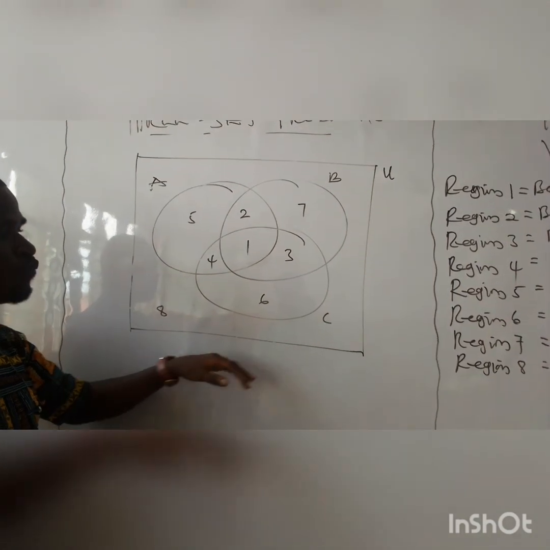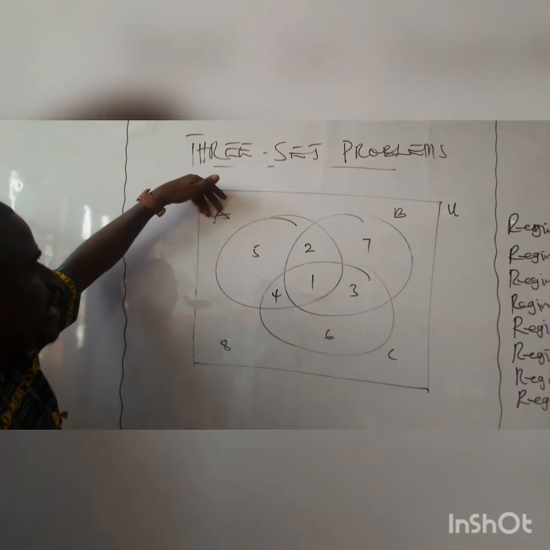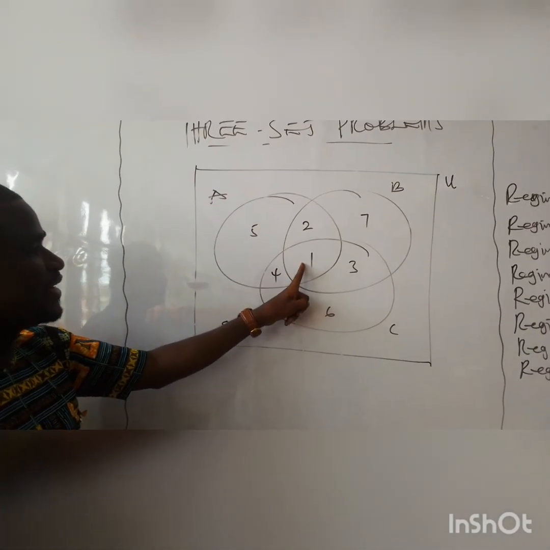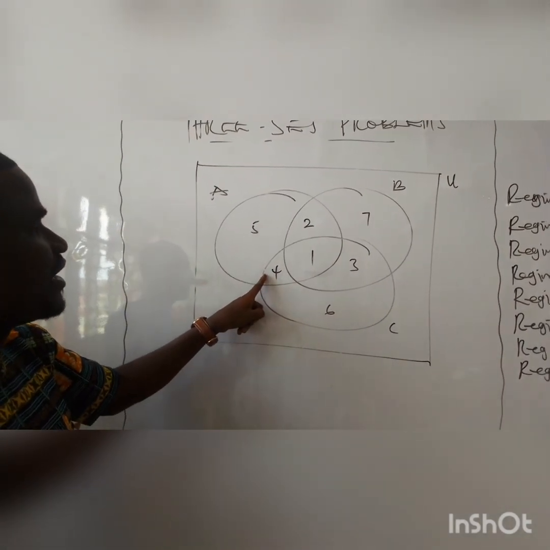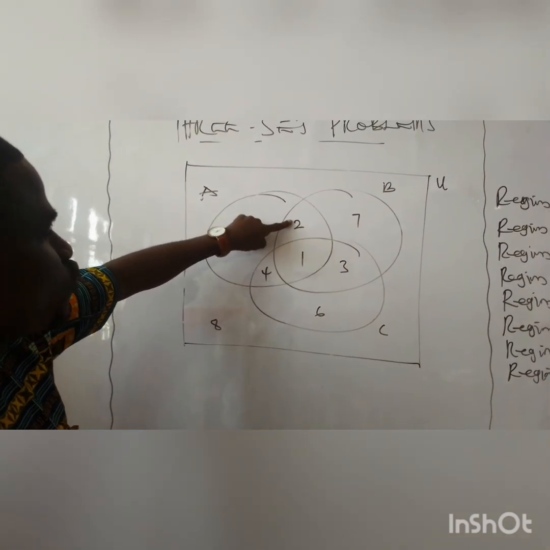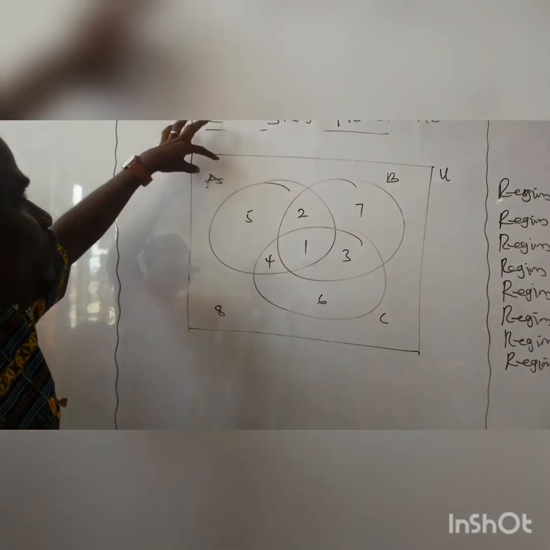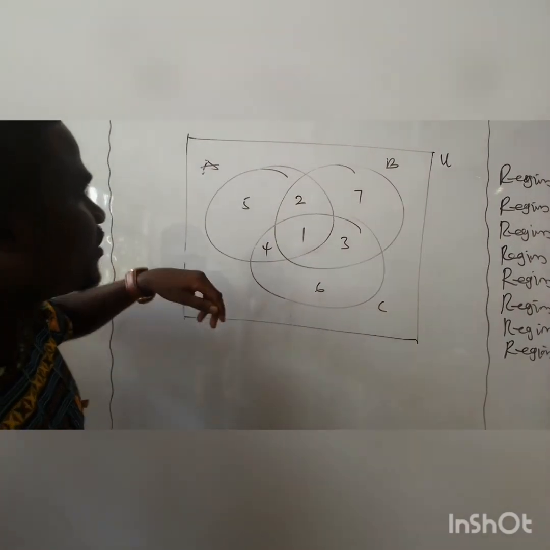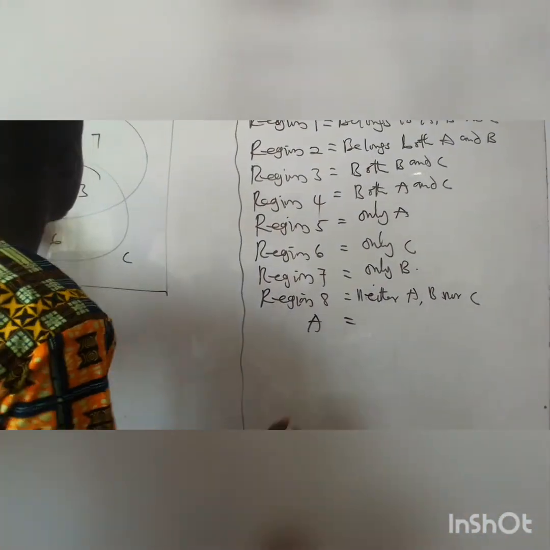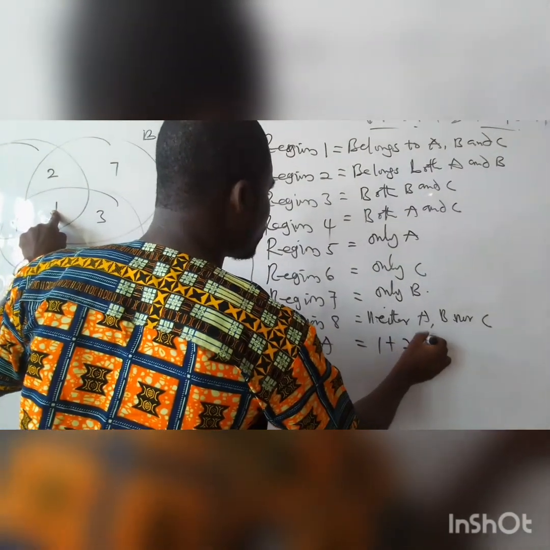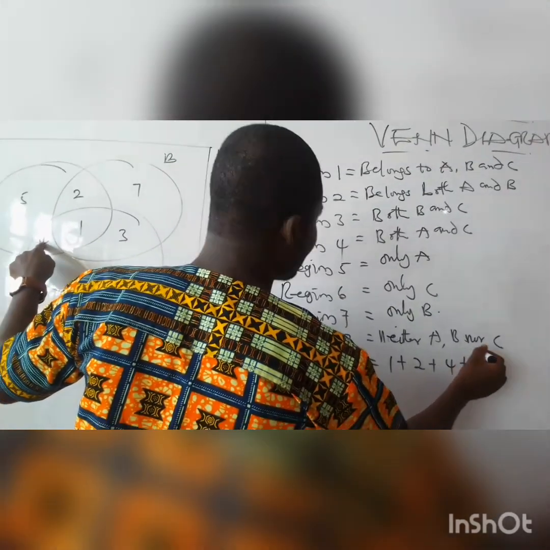Now, take note. When you come to A, the A is made up of region 1 plus region 2 plus region 4 plus region 5.